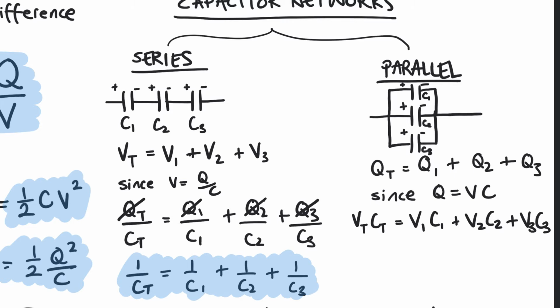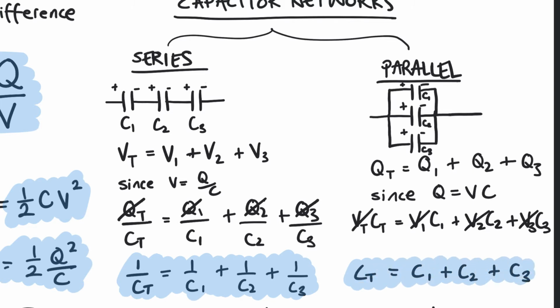Now again, we mentioned this already, but since this is a parallel network, the voltage across each branch is the same, which means all these values of the voltage are identical and therefore we can cancel them out. So what we're left with is that for capacitors in parallel, the total capacitance is equal to the sum of the individual capacitors. And again, that will also work for any number of capacitors that you have.